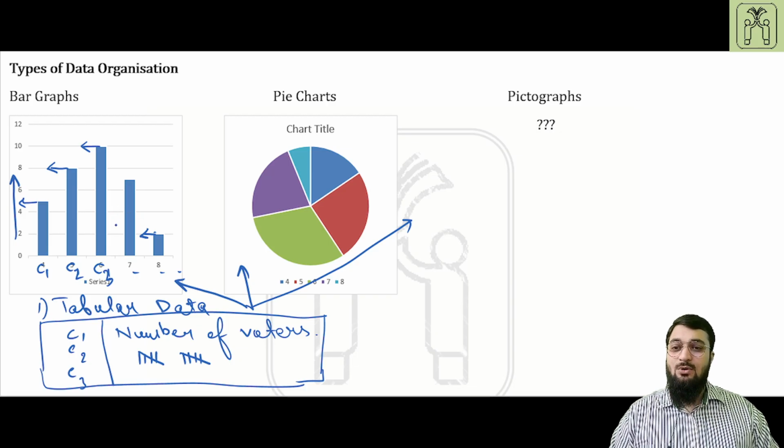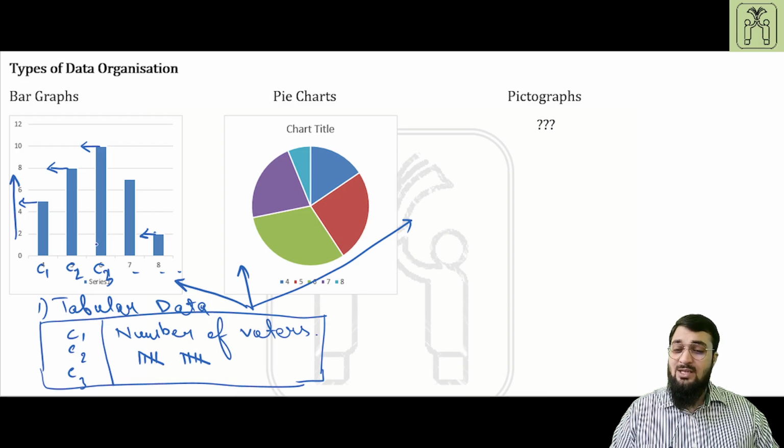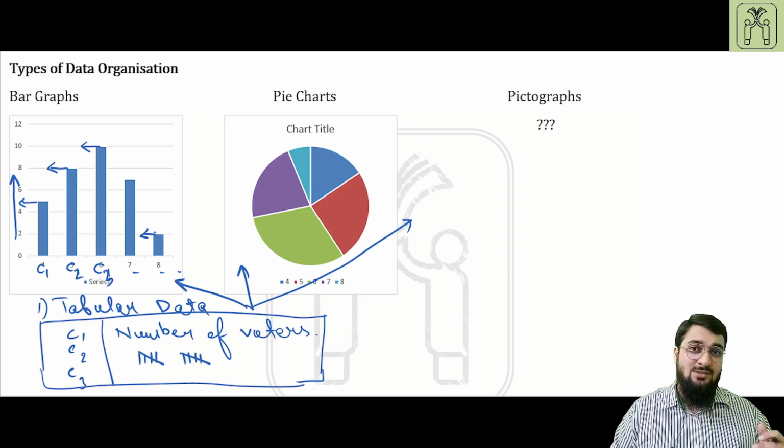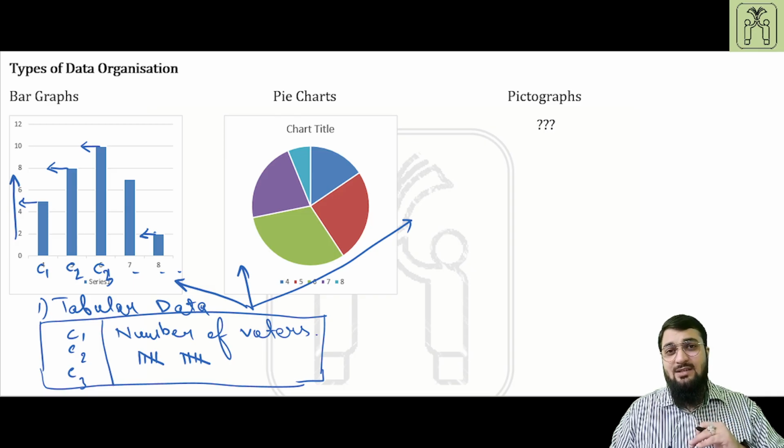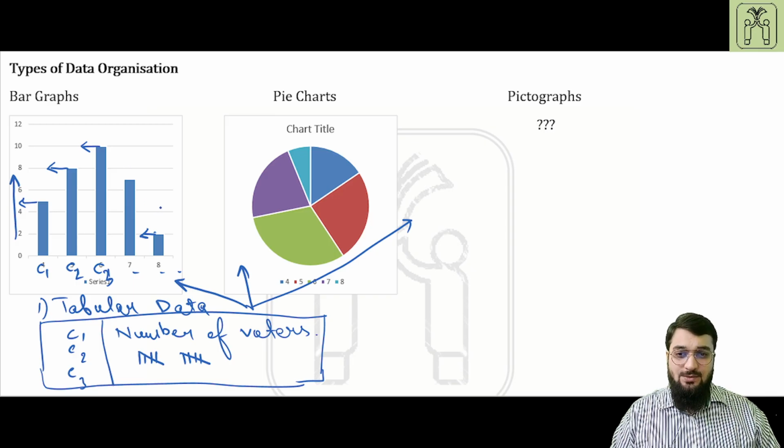A bar graph is basically data plotted on x and y axes, where the x-axis represents the relevant choices of the related survey, and the y-axis represents the quantity or number of votes received by that choice.